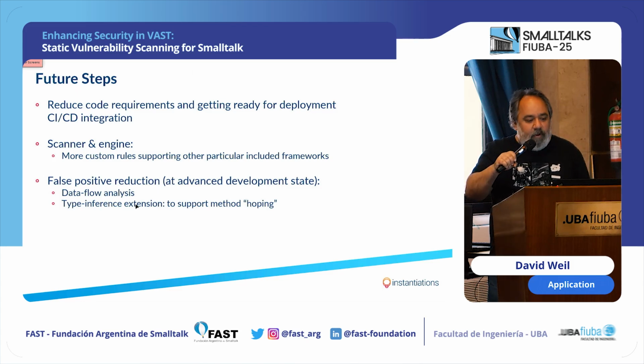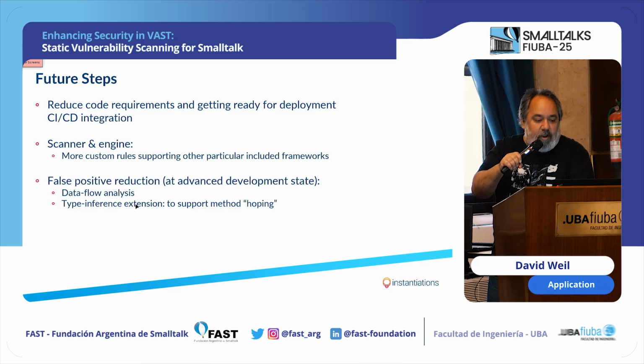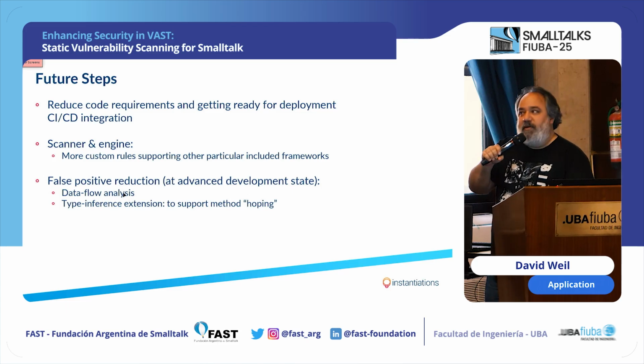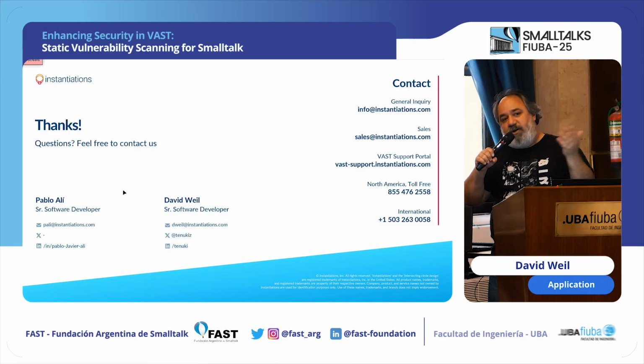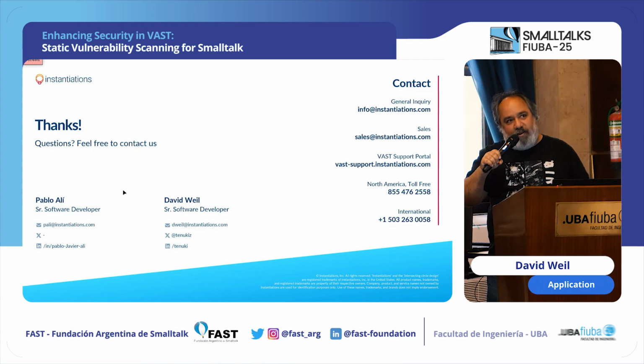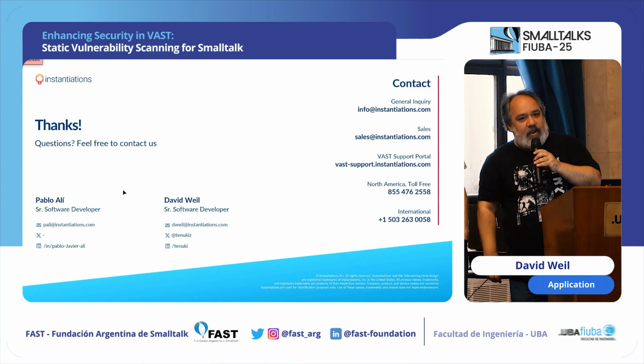We are testing them, and they reduce much more the false positives we still have. So this is it. Thank you very much. I don't know if there are questions. You can reach us for questions also outside the talk, but whenever you want, we are ready. Thank you.